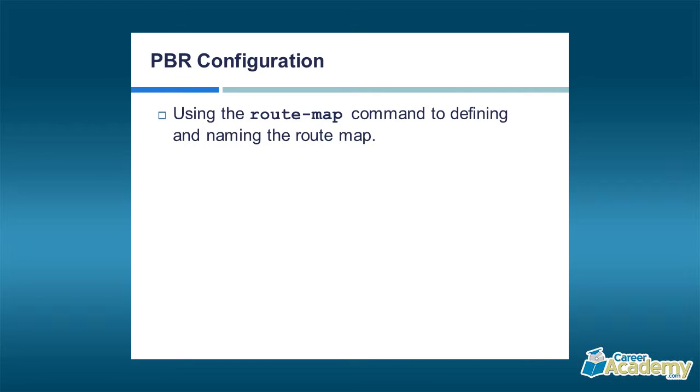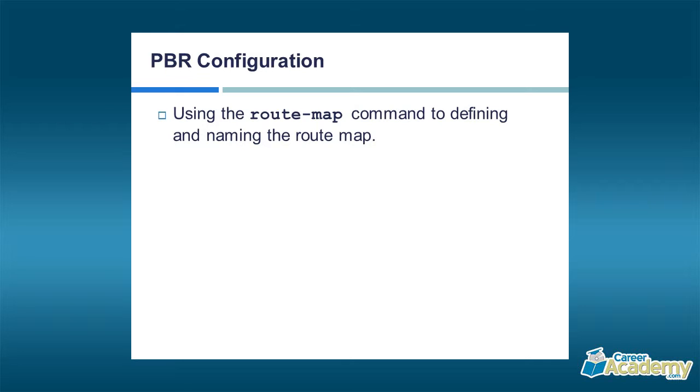PBR configuration: we use the route-map command to define and name the route map. We can define the action to be taken when there's a match by using the set statements, and we can use the match statements to define the conditions to match. I just want to let you know that the Cisco Express Forwarding switch type of PBR is enabled by default in recent Cisco Internetwork Operating System versions.